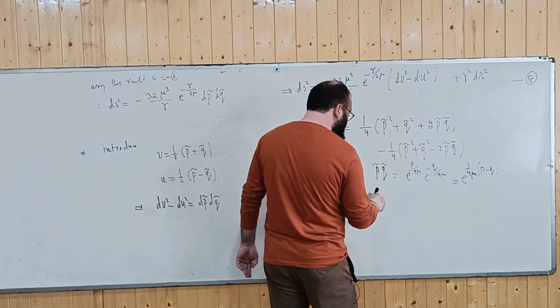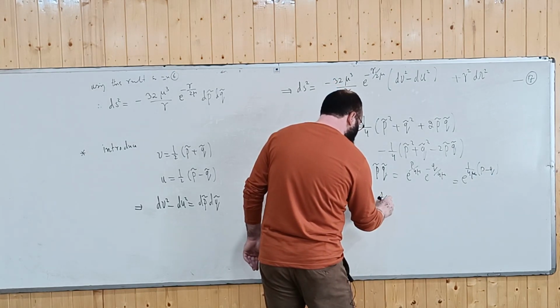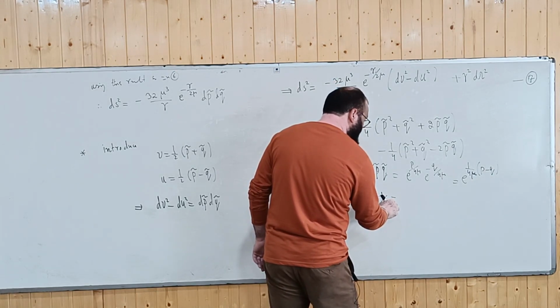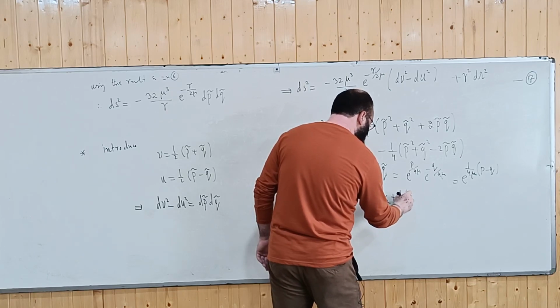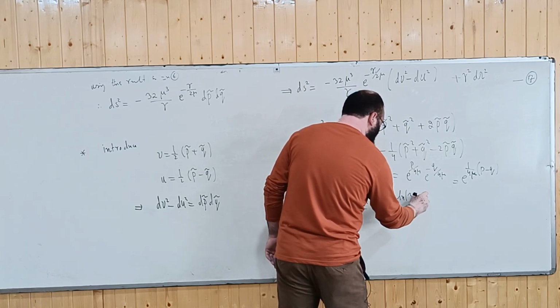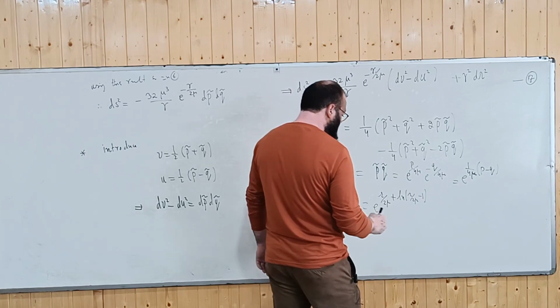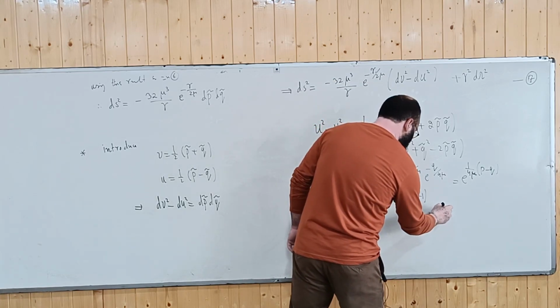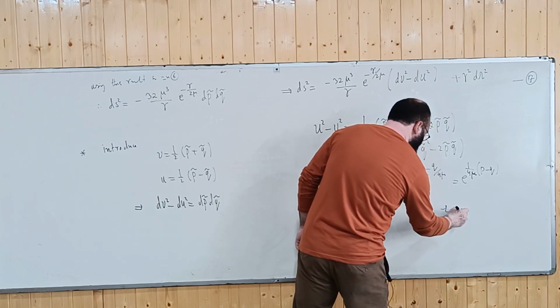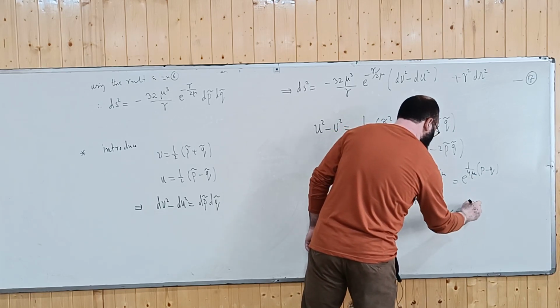We have just calculated p minus q, and it was r by 2 mu plus the natural log of r by 2 mu minus 1. So how much is that? It is r by 2 mu minus 1, times e raised to r by 2 mu.